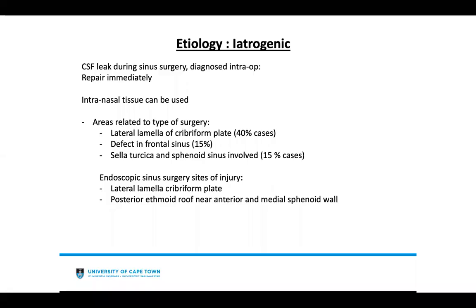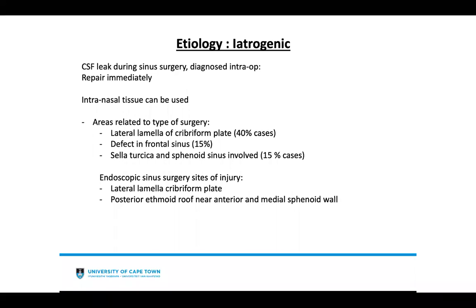So iatrogenic CSF leaks, obviously they can occur during surgery. If they're diagnosed intraoperatively, you really have to try and repair that immediately. In these instances, you can use intranasal tissue, partly because it's readily available, because you're using an endoscopic approach. And then there are specific areas related to the surgery which may be prone to injury.